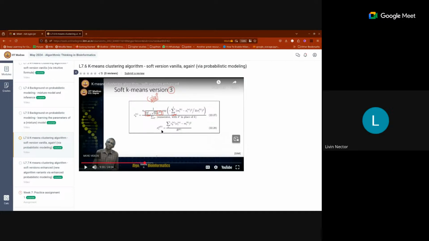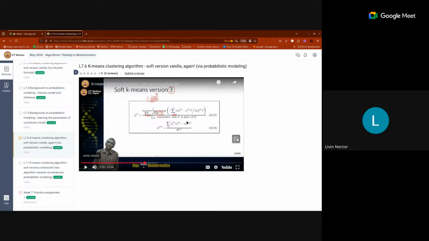And then we update the parameters. Here this is the weighted mean we use to update the parameters. We do the responsibilities weighted with the distance, and the normalizer is the sum of just these R's.